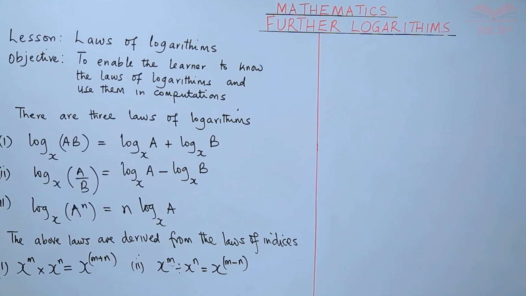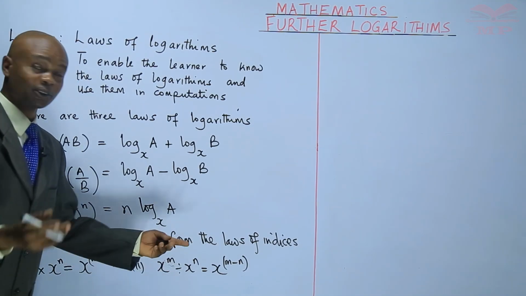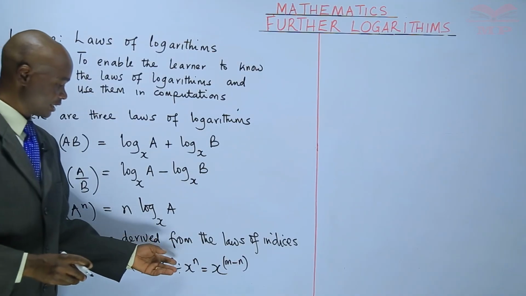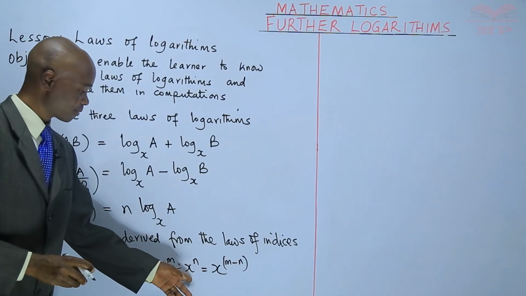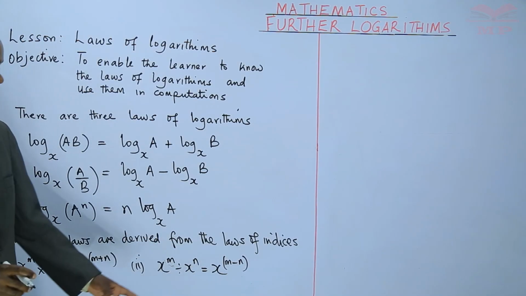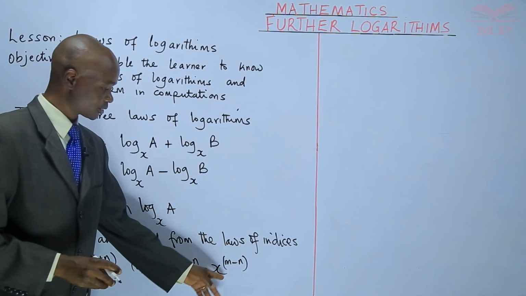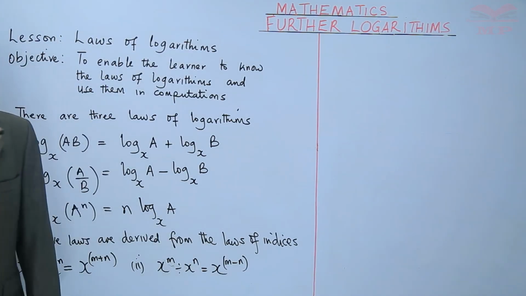I think we've experienced that. For example, when you have 2 raised to 9 divided by 2 raised to 4, it will be the same as 2 raised to 9 subtract 4.